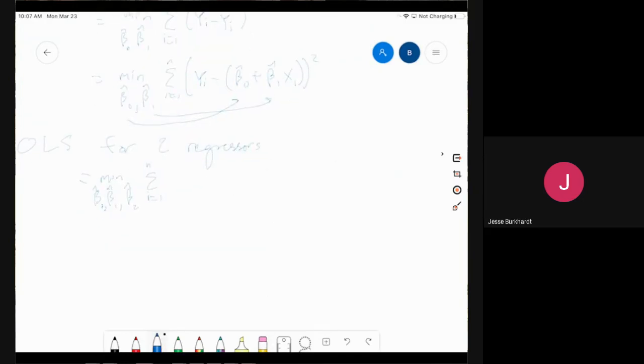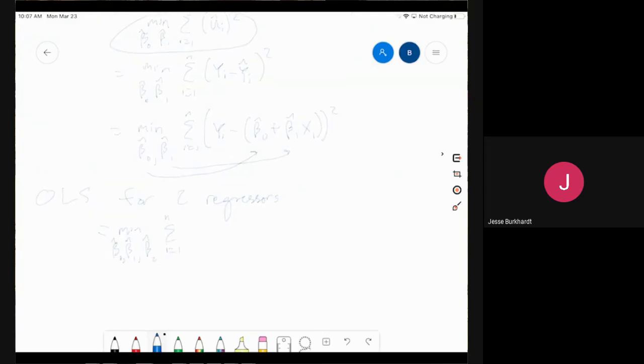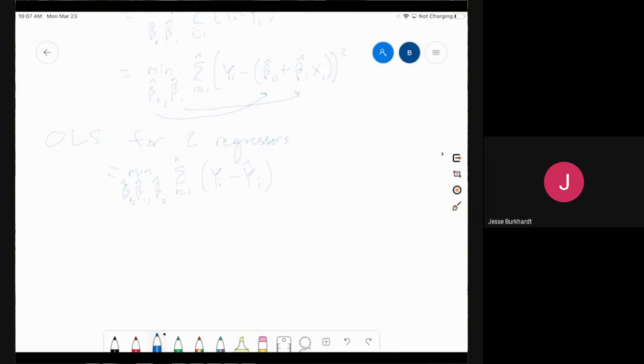Now we can substitute in for the u hat up there. So we still have y_i minus the predicted values y hat i. Now let's plug in the definition of y hat i.